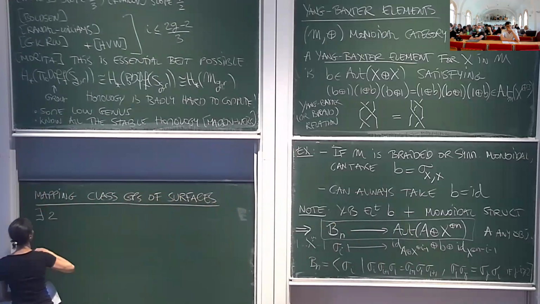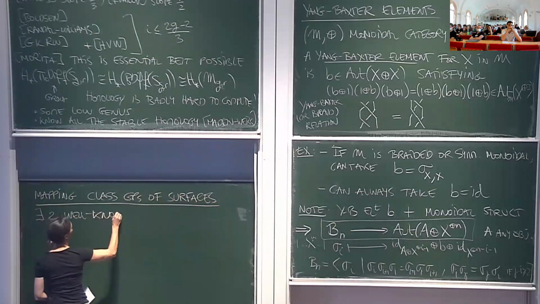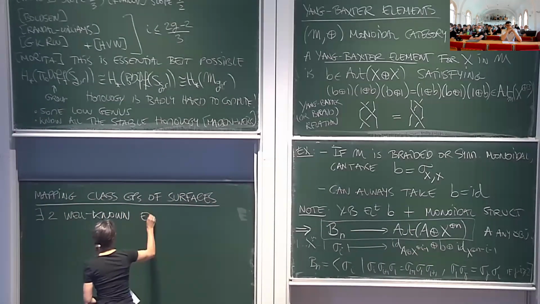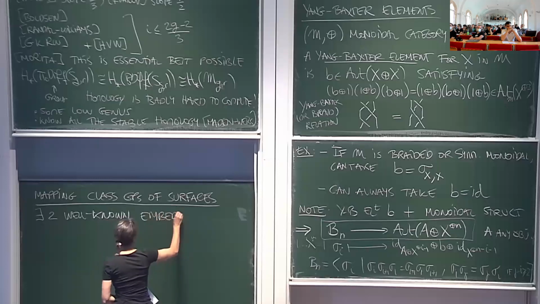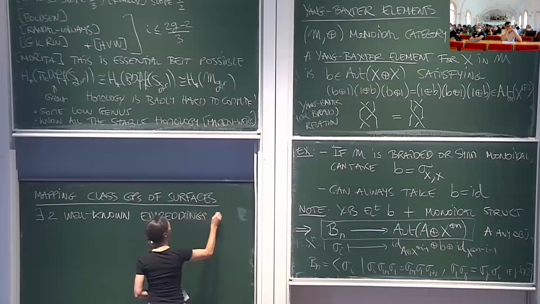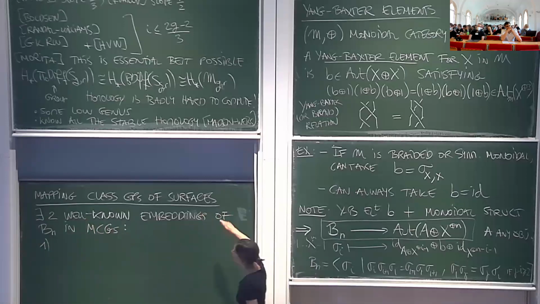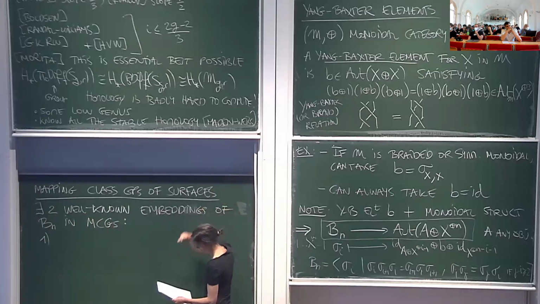well, there are two well-known embeddings of the braid groups in these mapping class groups. So the first one has to do with the configuration space of surfaces.